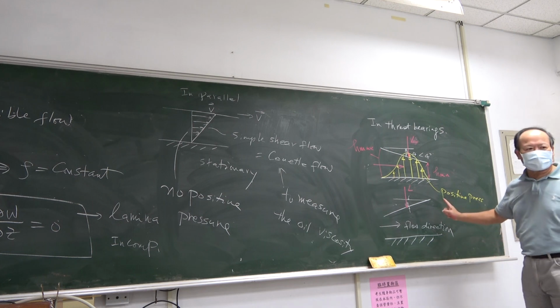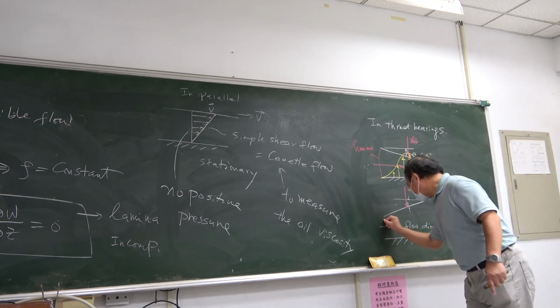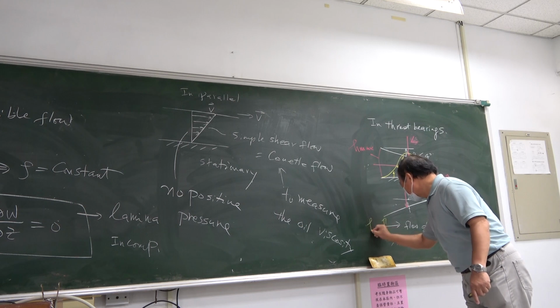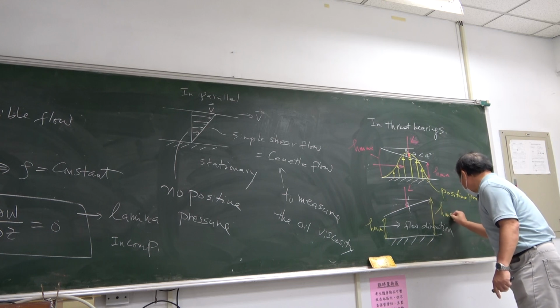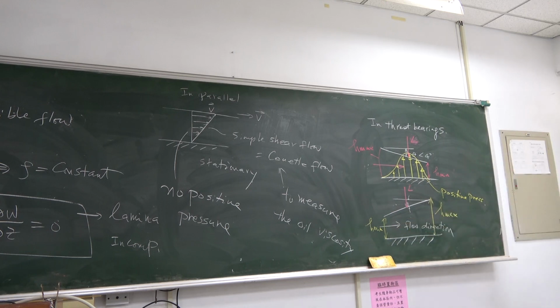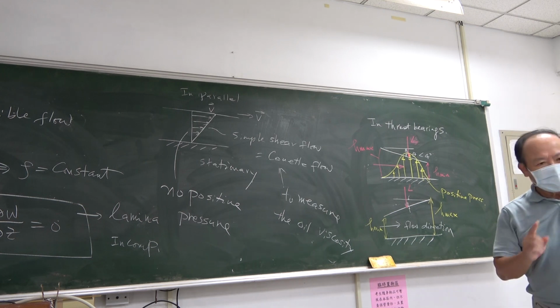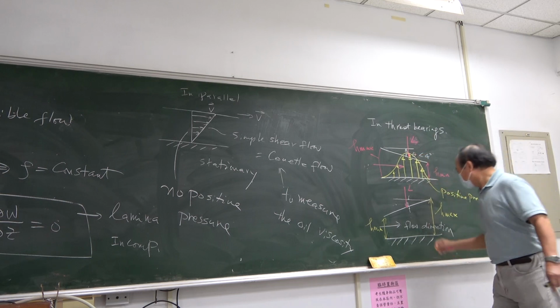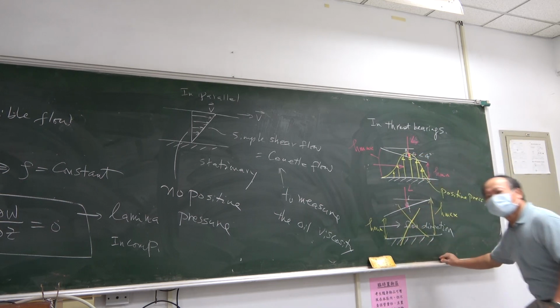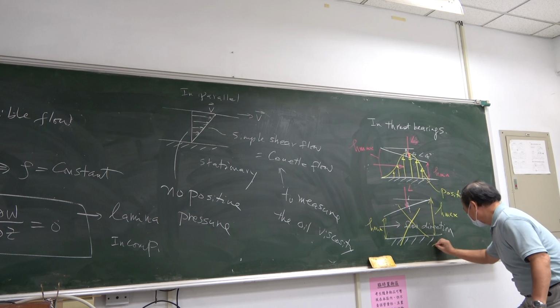But in this case, if the flow is from the minimum film thickness to the maximum film thickness, the angle is the same, but we don't have any pressure.